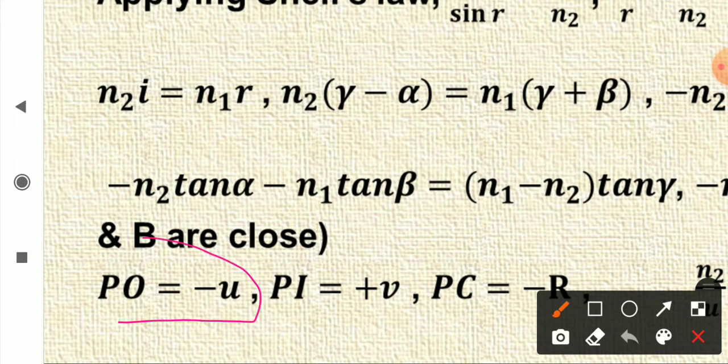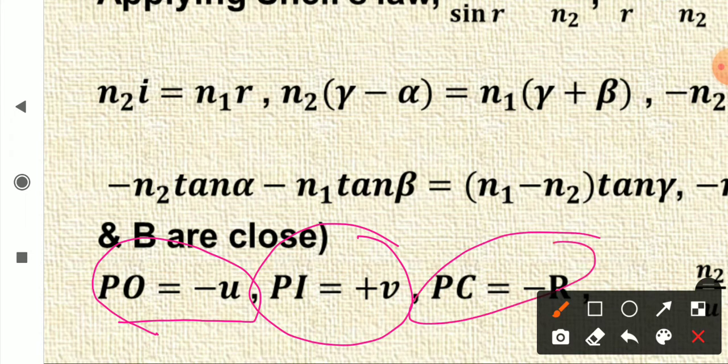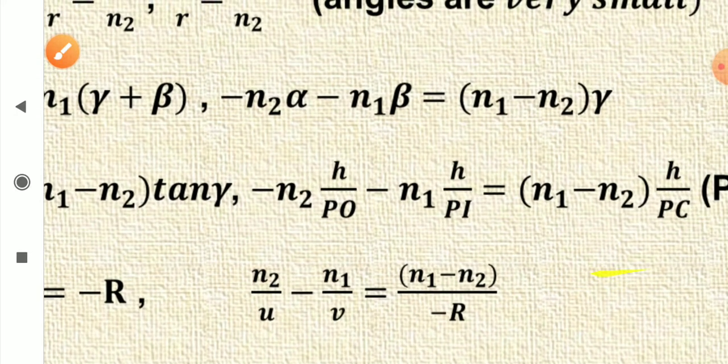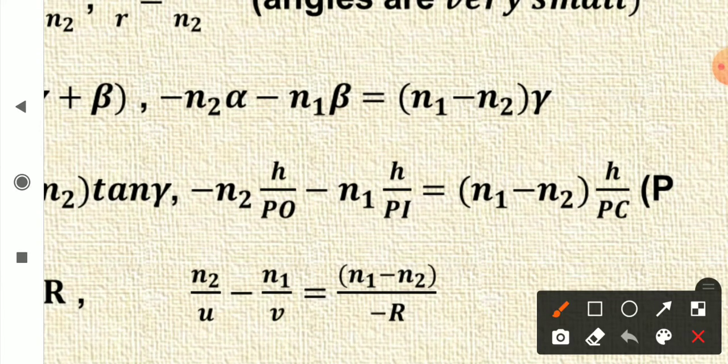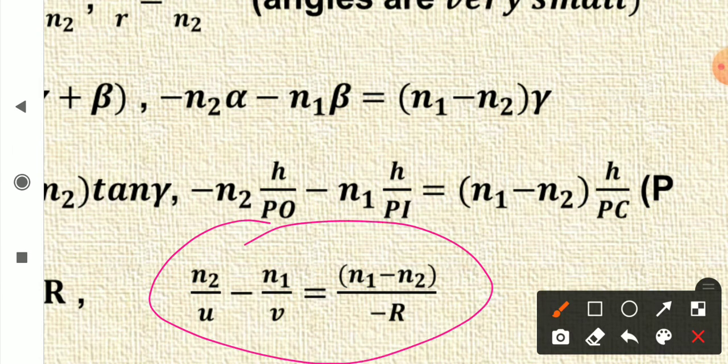PO is equal to minus u, PI is equal to plus v, and PC is equal to minus R. So putting all these values, you'll get n2 upon u. See, because u was negative, minus n2 upon minus u will give you n2 upon u. From here you get minus n1 upon v, because v was positive, and from here you get n1 minus n2 upon minus R. And we will just rearrange these terms.